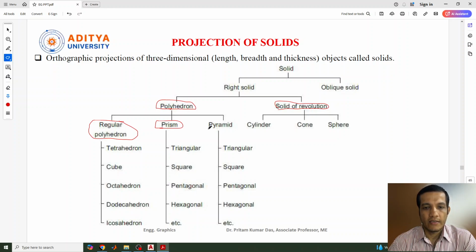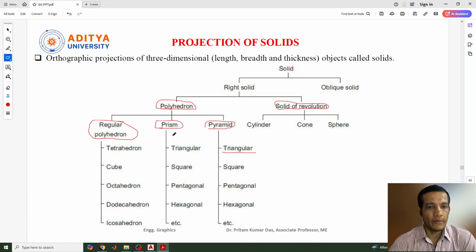Similarly, pyramids have the same types: triangular, square, pentagonal, hexagonal, etc. In the regular polyhedron all the surfaces are of the same kind. In a prism, the top and bottom surfaces are the same and the other sides are rectangular. In a pyramid, there is a base and all the side surfaces are triangles.